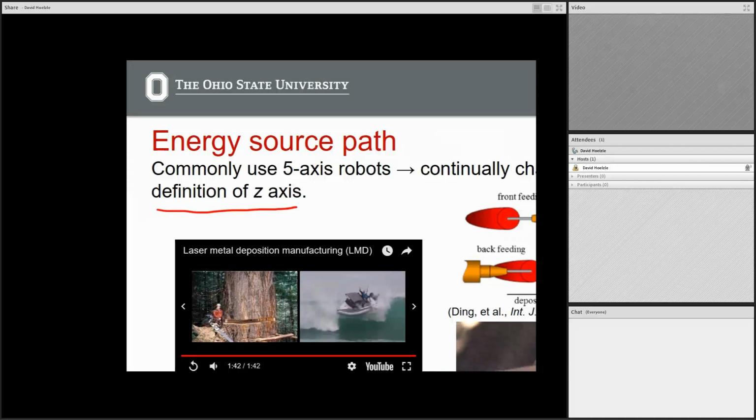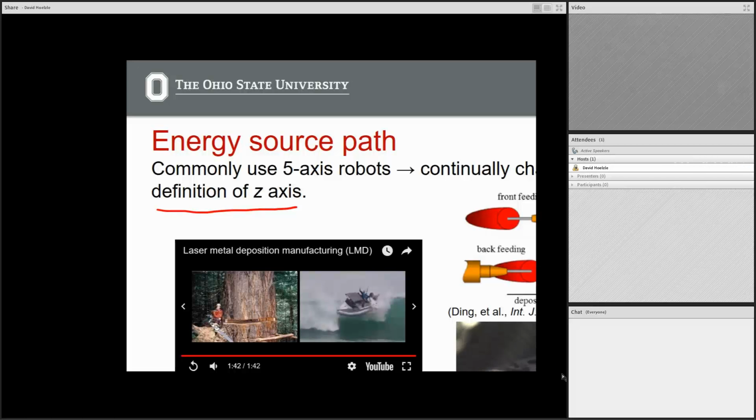Does everyone see what's going on here? Is it clear? I'll rewind that. Just so it's clear to everyone, this is a glass wire that's being fed over here, and there's a laser coming down in this direction.